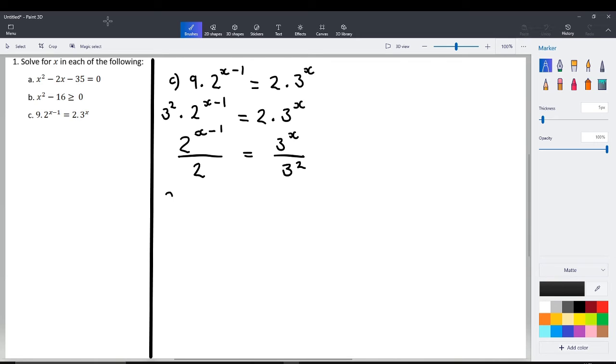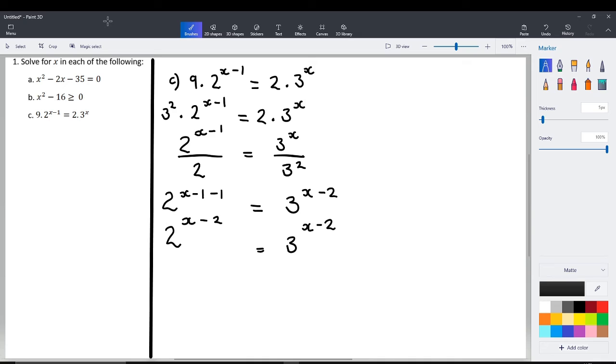So this is the same as 2 to the power of x minus 1 minus the 1 from the denominator. This is equal to 3 to the power of x minus 2. The 2 is coming from the denominator. Simplify this. This is equal to 2 to the power of x minus 2 being equal to 3 to the power of x minus 2.